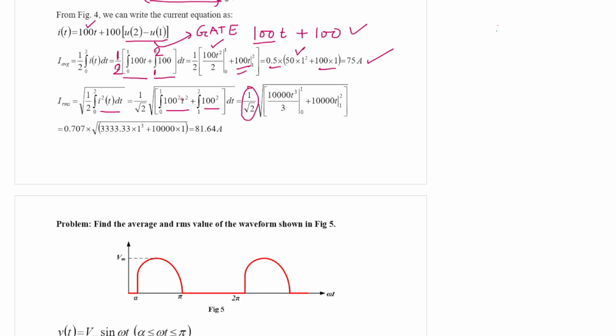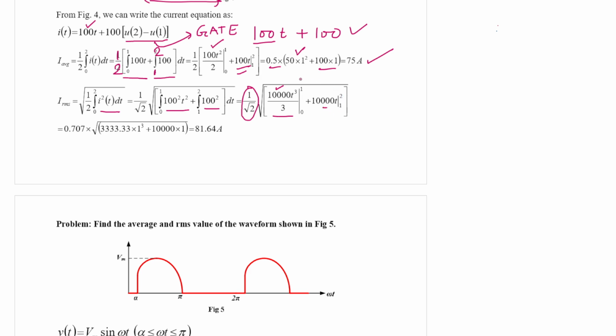Now 100 square t square, if you integrate, it will be equal to 10,000 into t cube by 3, because the integration of t square is t cube by 3, and 100 square dt equals 10,000t.